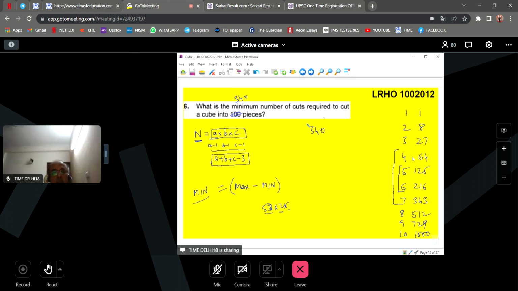Where is 340? 340 is between 216 and 343. Is it divisible by 6? No. Is it divisible by 7? No, it is not. So I move to the next level.